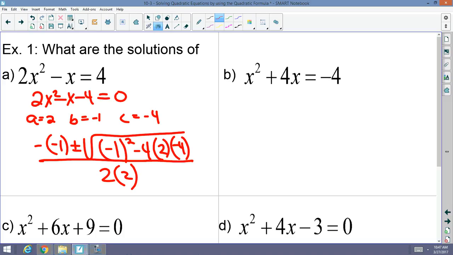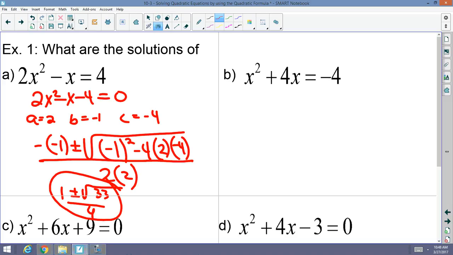So this is going to be 1 plus or minus square root of 1 plus 32, which is 33, over 4. I cannot simplify that any further, and I am done. My solutions are 1 plus or minus square root of 33 over 4.